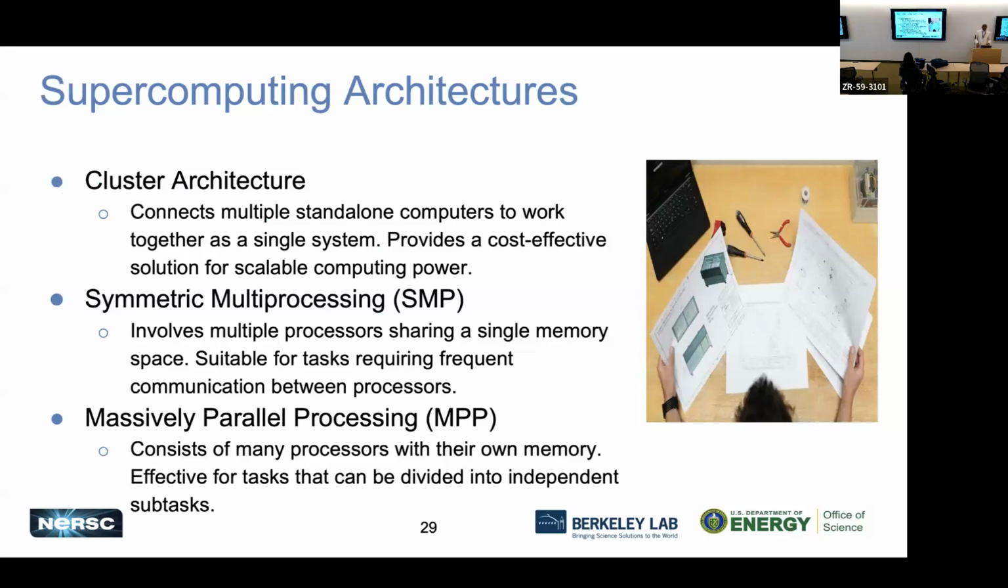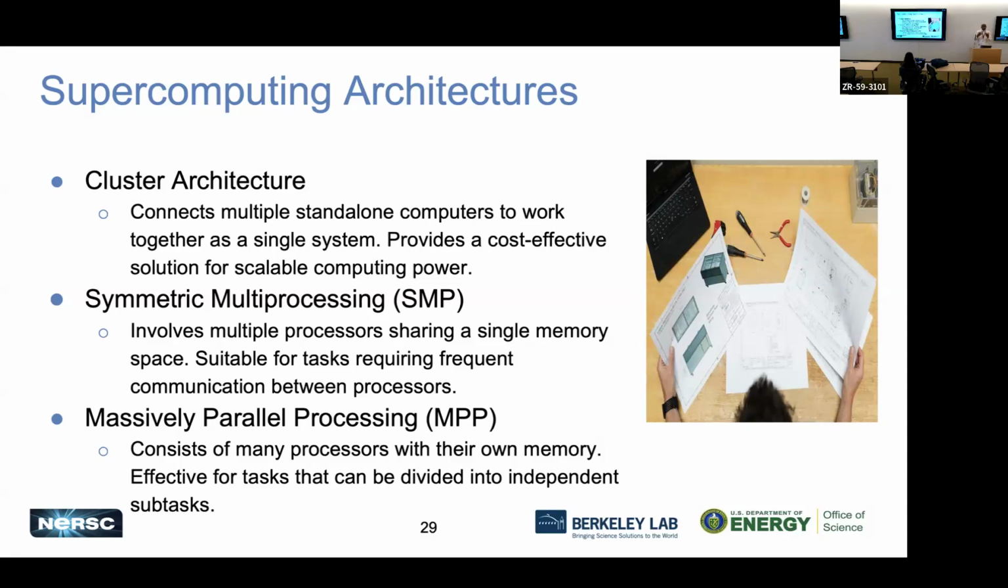And so modern day supercomputers are constructed in different architectures. You can have a cluster architecture, and that's going to connect different computers together using some type of cost-effective network and provides a scalable solution. You can have symmetric multiprocessors, or SMPs, and those involve having multiple processors that share a single memory space for their computation.